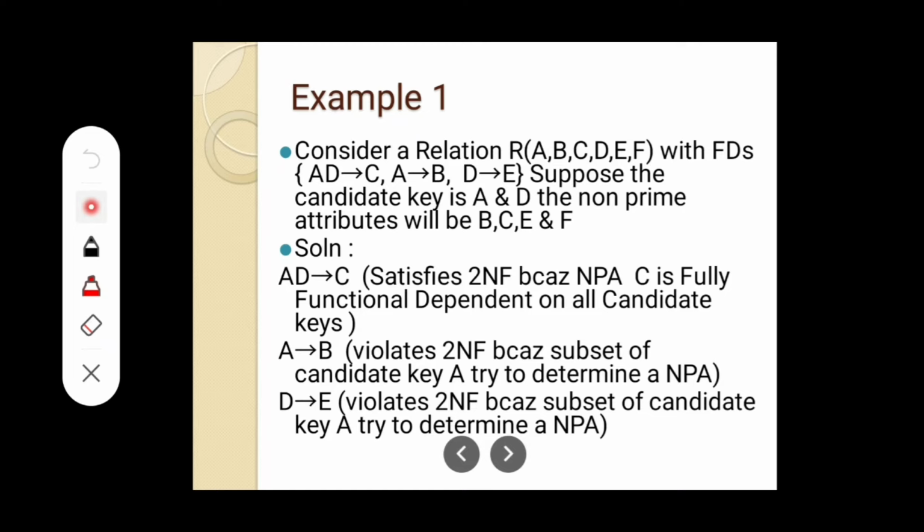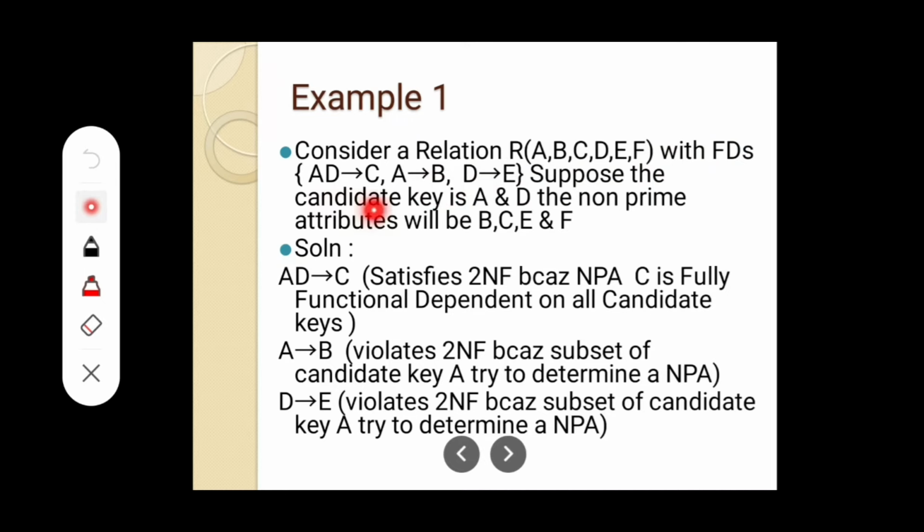Now let us see how the question will be asked in university. Let us see how questions to identify whether a relation is in 2NF, 3NF, BCNF or first normal form come. This is how the question comes in university. Consider a relation R(A, B, C, D, E, F) with the functional dependencies given.